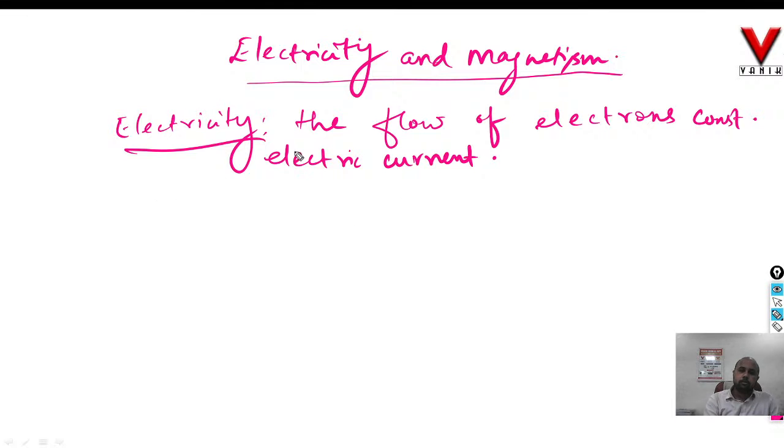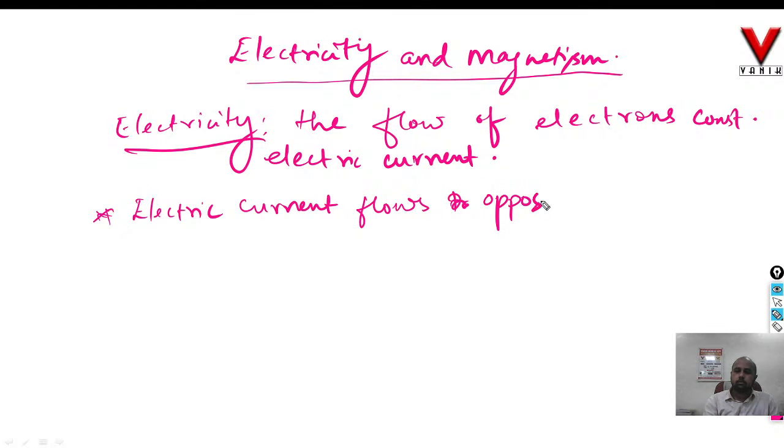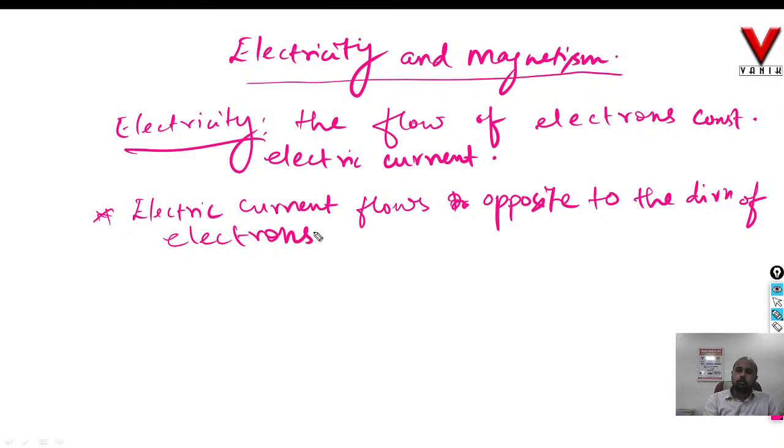And one more point is that electric current flows opposite to the direction of electrons.